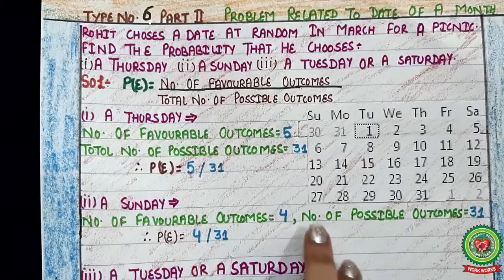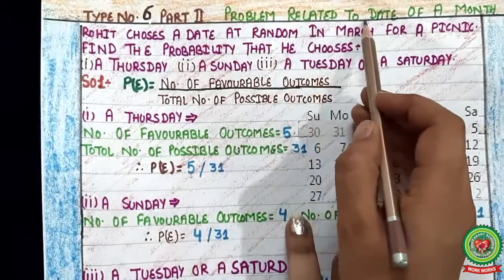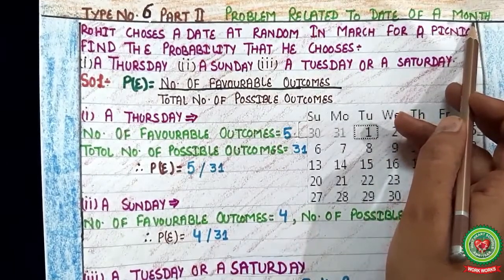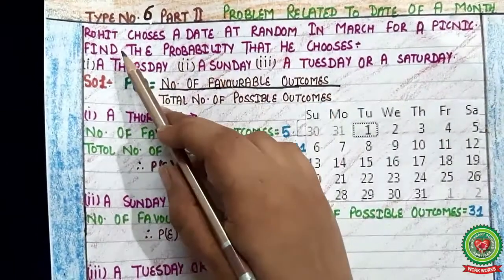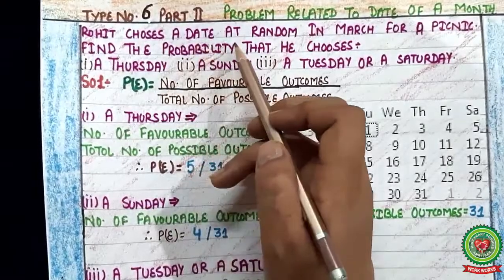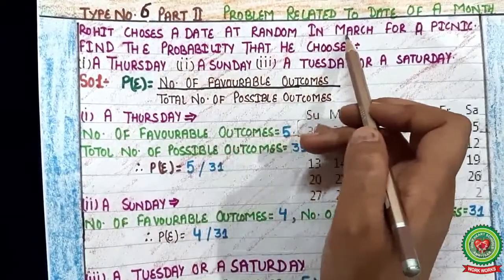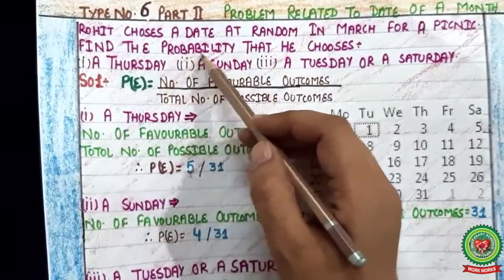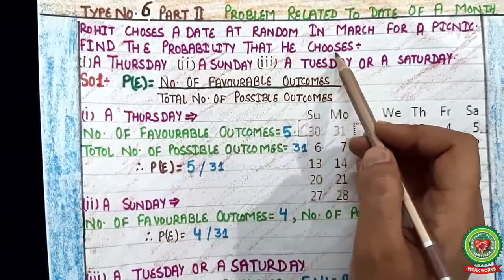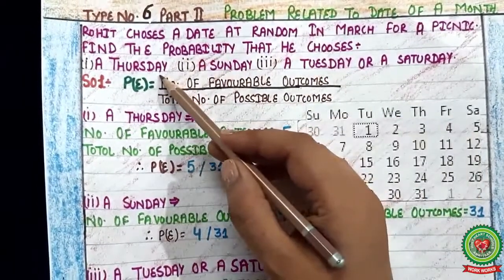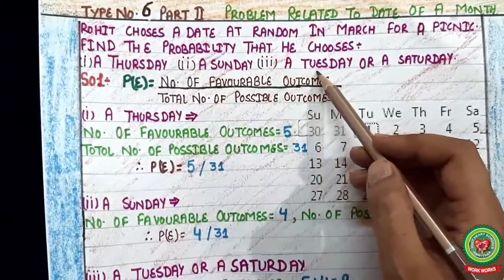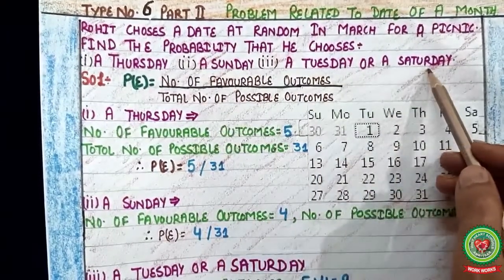Now, start with the problem related to the date of a month. Firstly, we will read the statement. The statement is: Rohit chooses a date at random in March for a picnic. Find the probability that he chooses, first part, a Thursday, second part, a Sunday, and third part, a Tuesday or a Saturday.